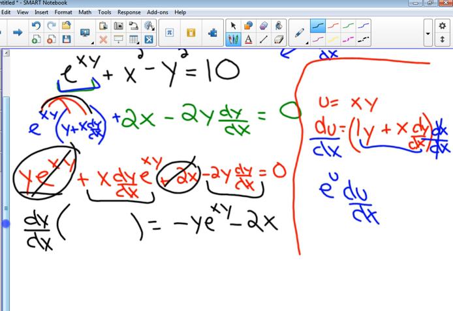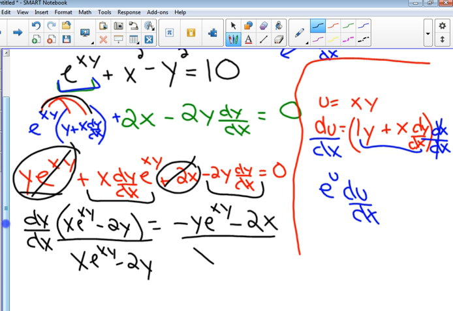Okay. And if you took it out of here, we'd have x e to the xy. If you took it out of here, we have minus 2y. Okay. So your last step to get the dy dx by itself is division. Right.